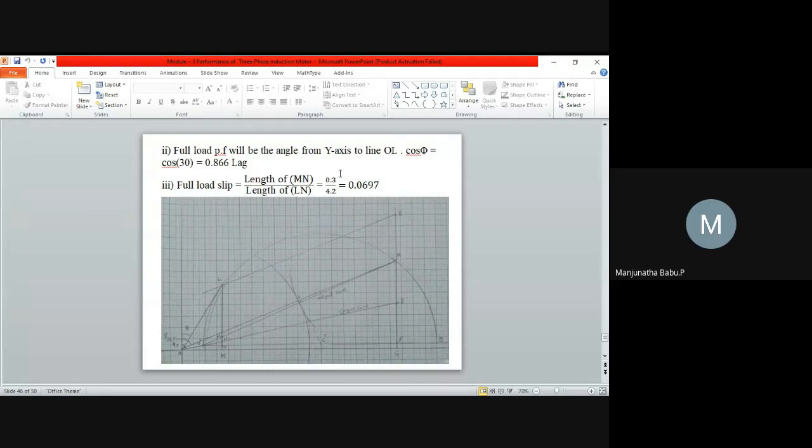I'm getting it as 0.3, and the length of LN up to the torque line I'm getting as 4.2. Check how much you are getting from the graph. That is 0.3 something only, sir. Okay, so 0.3 divided by 4.2, 4.4, 4.6.